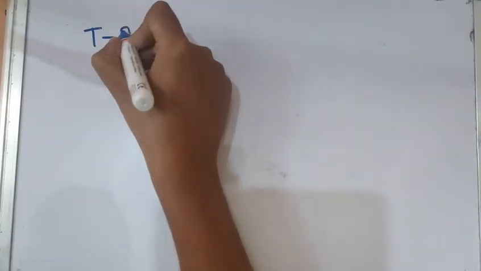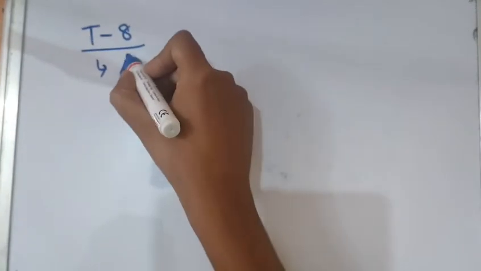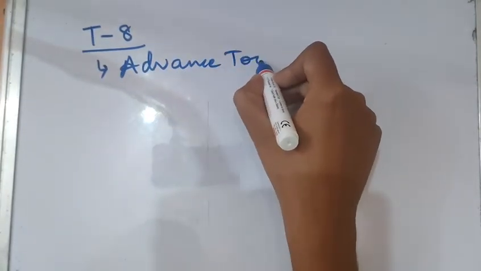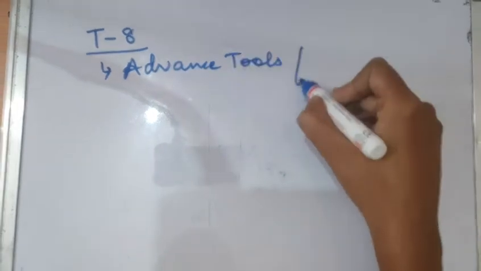So, today we are going to discuss topic 8, which is the last topic of the ecology part, that is advanced tools for ecosystem analysis.